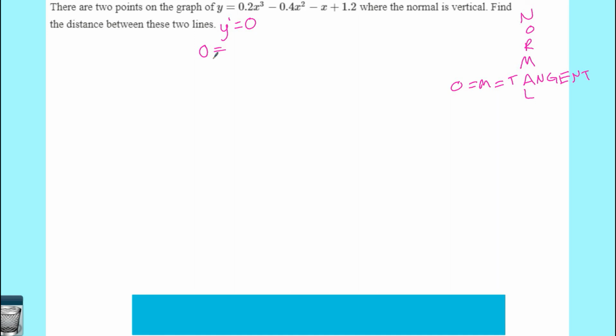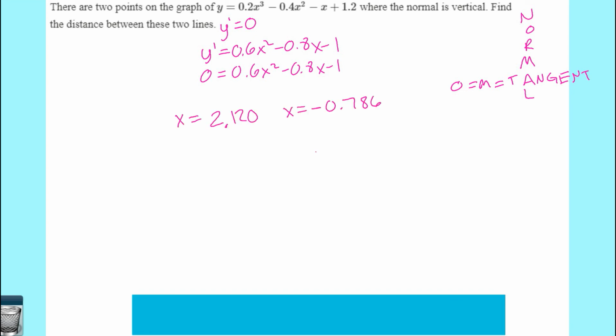Here, I don't want to skip any steps. So we're going to take the derivative, and we've got this from before, and we want that to equal 0. We plug that into our calculator. We solve this on our calculator, and we can get these 2 x values, or using the quadratic formula, whatever you want to do.